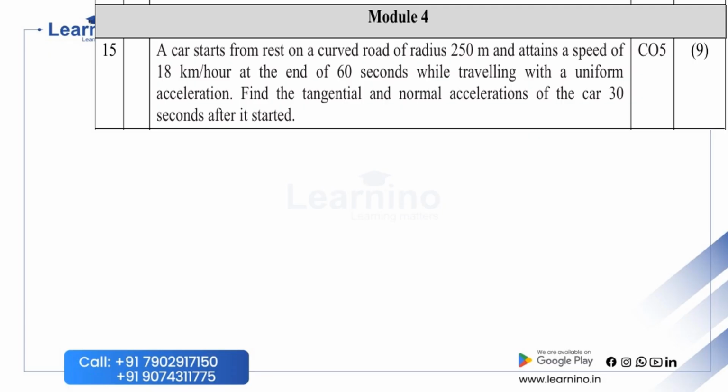Next, we need to find out the speed at 30 seconds. I am taking it as velocity at 30 seconds. V is equal to u plus acceleration into time. What is u? Initial velocity, that is 0.